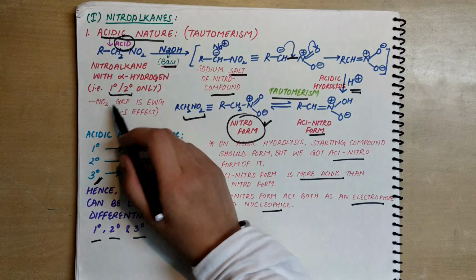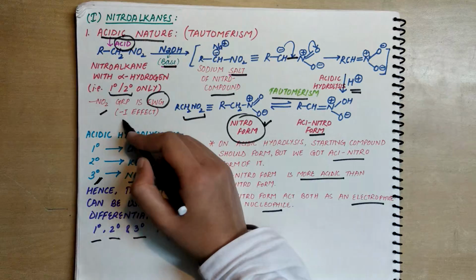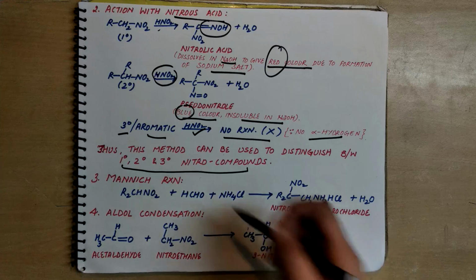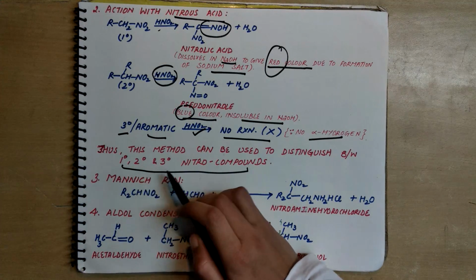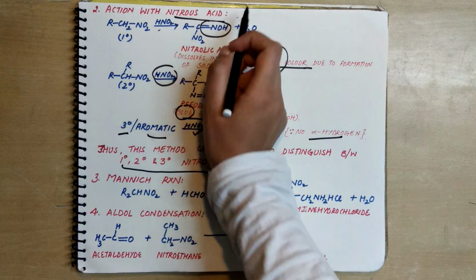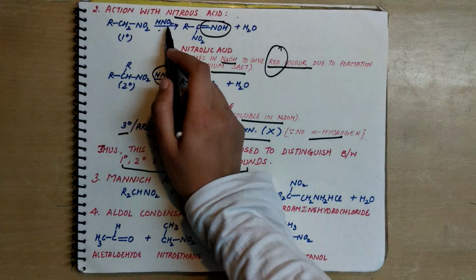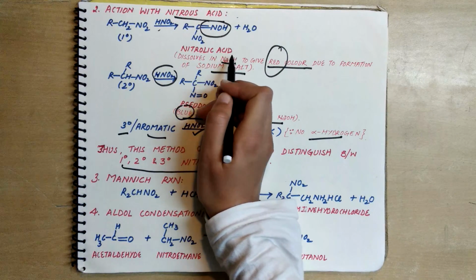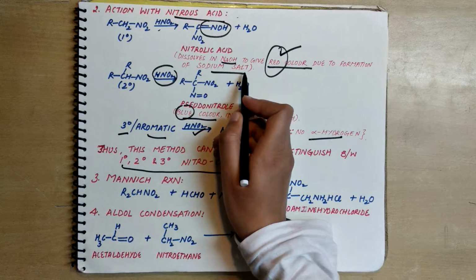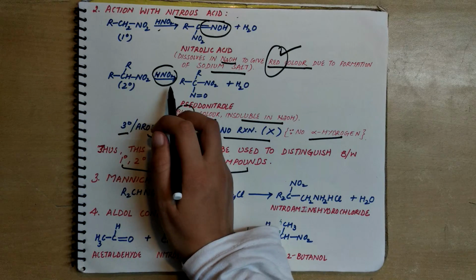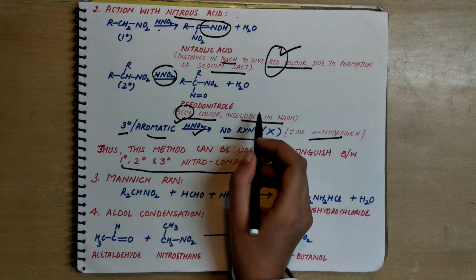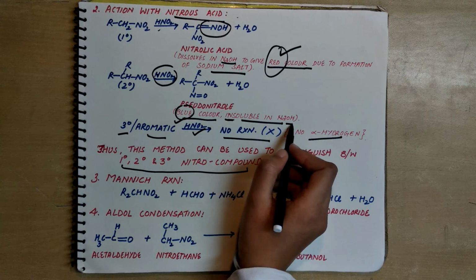Also, we know that the nitro group is an electron withdrawing group, that is, -I effect will take place. The next method to distinguish between 1 degree, 2 degree and 3 degree nitro compounds is the action with nitrous acid. When a 1 degree compound is treated with nitrous acid, we get nitrolic acid, which dissolves in NaOH to give a red color due to formation of the sodium salt. When 2 degree is treated with nitrous acid, then pseudonitrole is formed, which is blue in color and insoluble in NaOH.